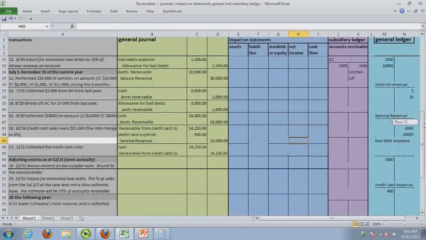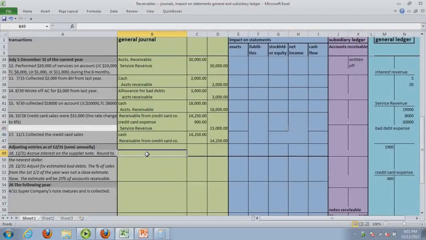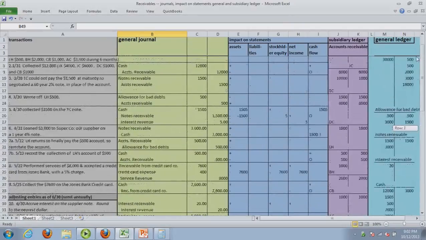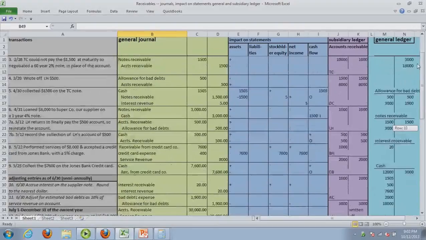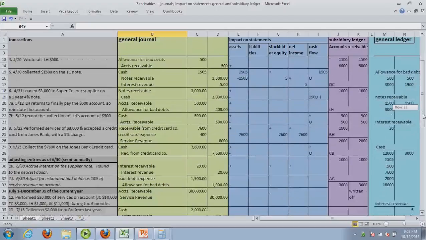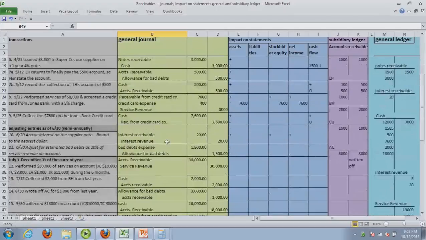Okay, all right, so now we are doing the adjusting entry. You remember we did the accrual on that note before. So just as a reminder, we have the notes receivable, not the trade one, but this is with the supplier. So here we lent the money to the supplier. This was April 31st of this year. We did an adjusting entry for interest because we had $3,000 at 4%.